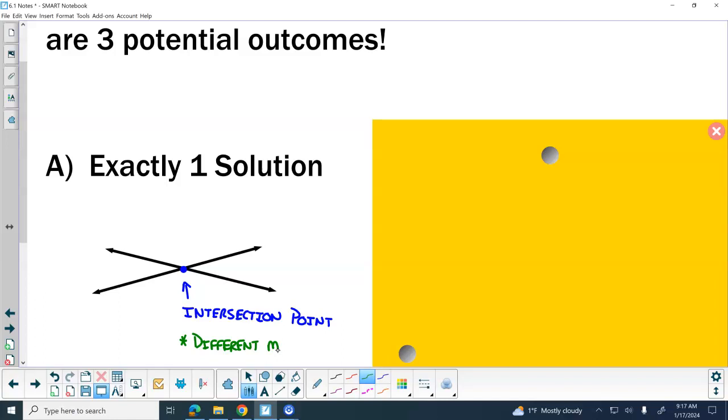Okay? So if you have 2 different slopes, you are going to get a solution. Okay? That's one of the possible outcomes.